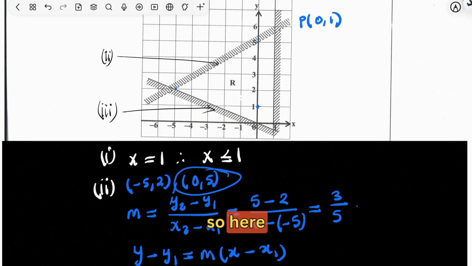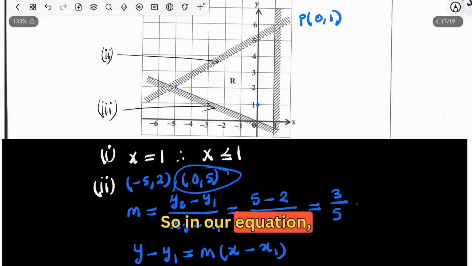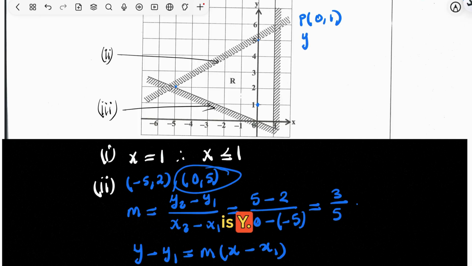Okay, so here y is 1 and x is 0. So in our equation, remember our equation is y, so I leave the space there, then 3 over 5 x plus 5. I leave a space between these because I want to put a sign in here.